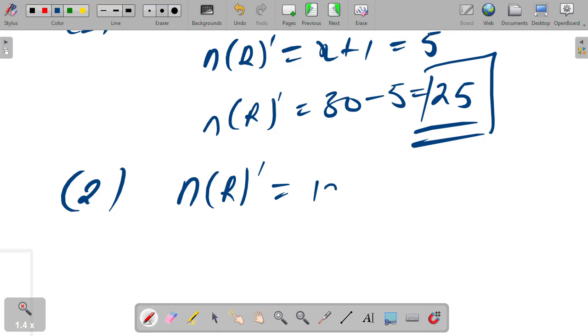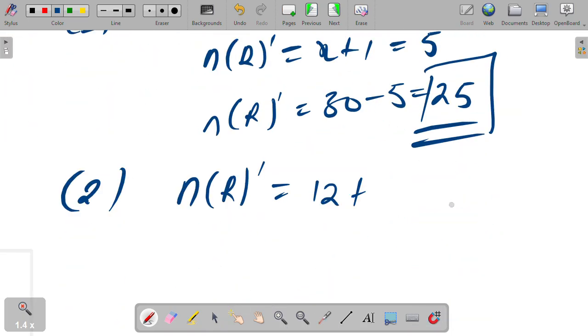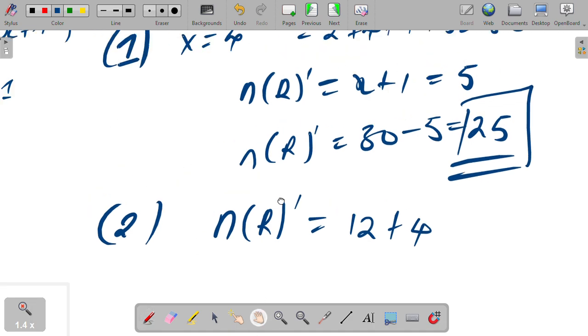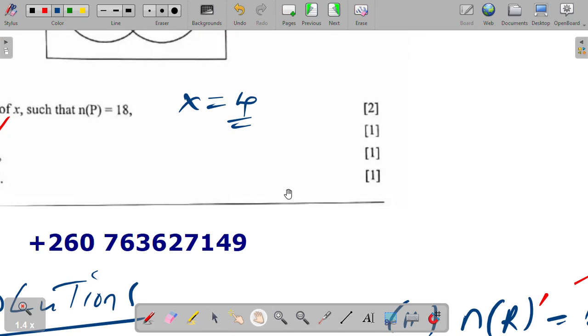So we say 12 plus the x at the middle there, which is 4 here at the middle, the intersection set here. So it's 12 plus x plus 2x plus 1 only. We don't add this part. This is what it means here.